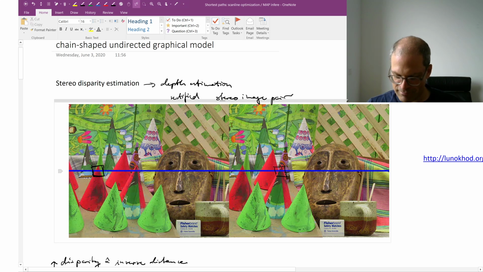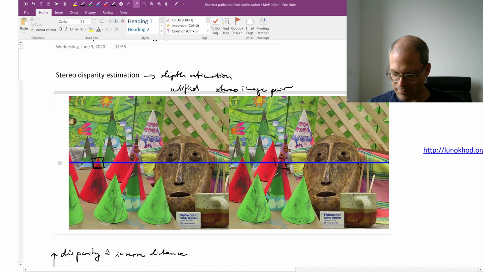Now, as I was saying, for objects that are close by, the shifts are much bigger than for objects that are far away.